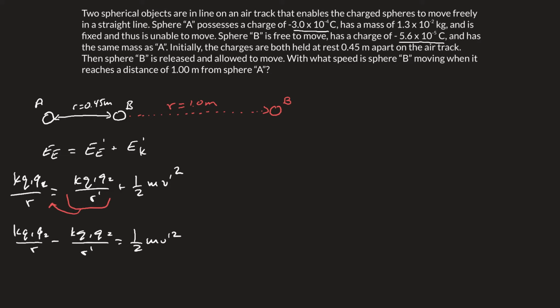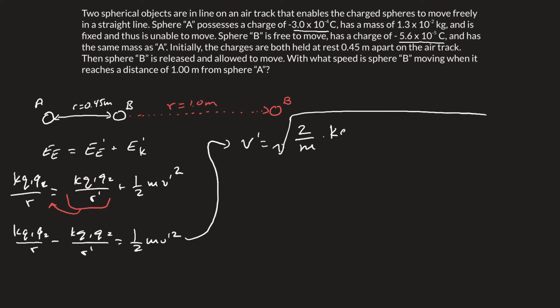Then I'm going to bring over the 1 half and the M so that I'm left with just a value for V. So V prime is going to be equal to the square root of 2 over M times K Q1 Q2 times 1 over R minus 1 over R prime. So that would be how this equation would be rearranged to solve for V or V prime.